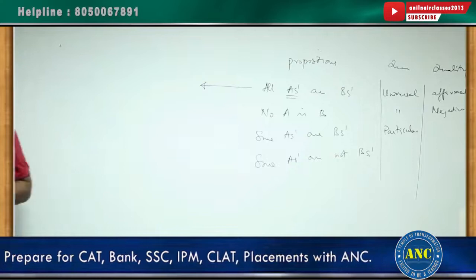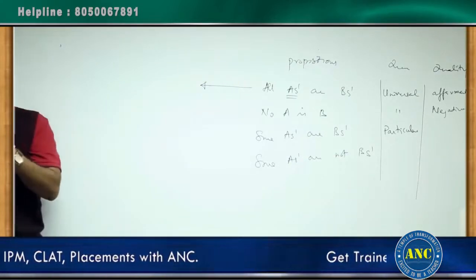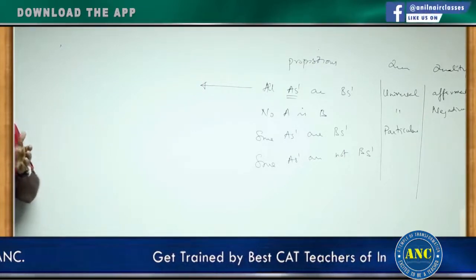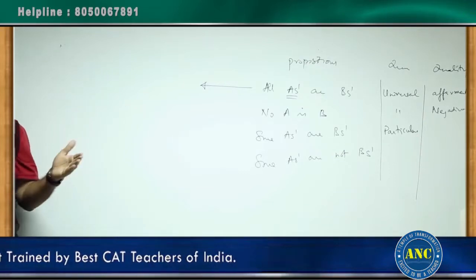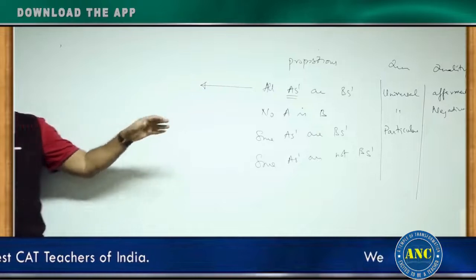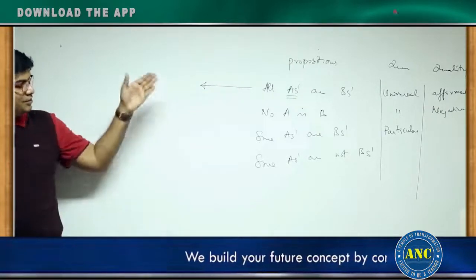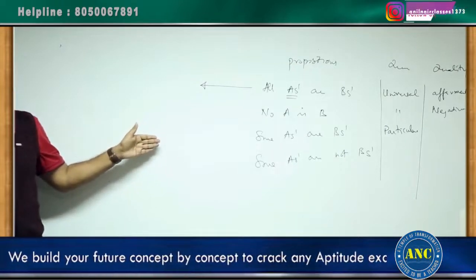See, as I told you at the start of the class, when you're solving questions, you need not draw Venn diagrams, right? But to learn that logic, we need to use Venn diagrams. To explain that logic to you, that comes naturally to your mind, let's use some Venn diagrams, understand them, and then you need not use Venn diagrams at all.